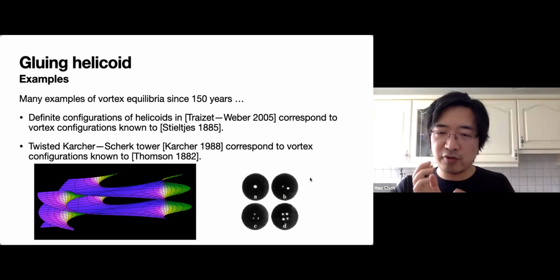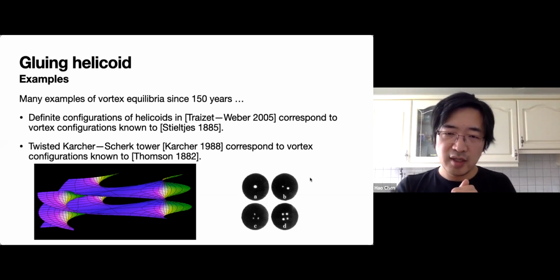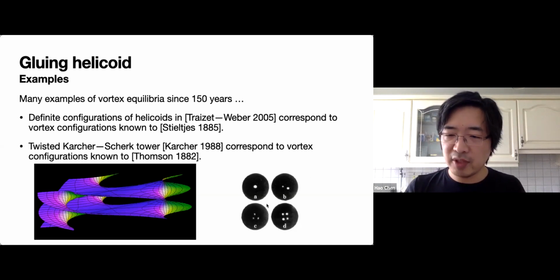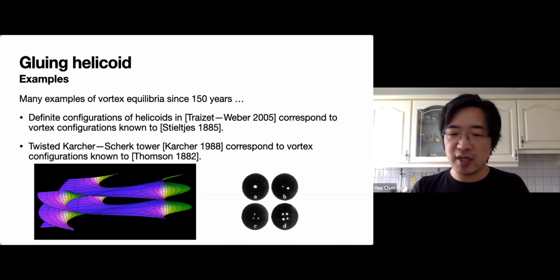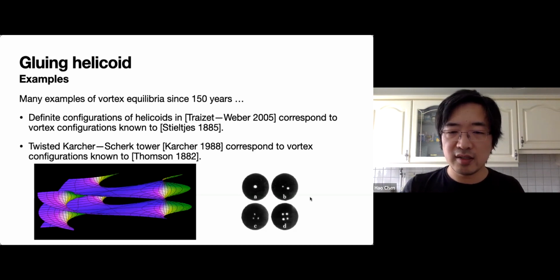This vortex configuration was known to Thomson in 1882. Again, wow. And here are some experimental pictures taken from superfluids, where you can see vortices forming polygons. The left-hand side is a minimal surface, and the right-hand side is the vortex configuration.